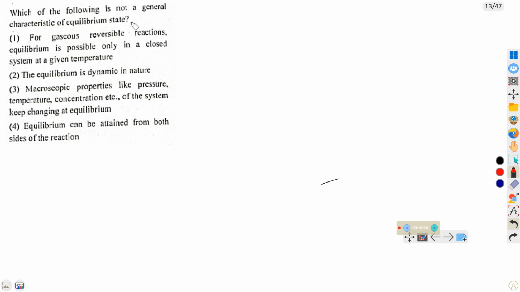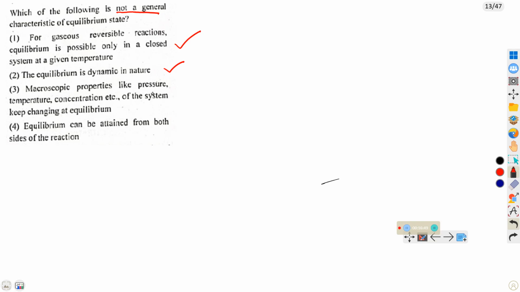Which of the following is not a general characteristic of the equilibrium state? For a gaseous reversible reaction, equilibrium is possible only in a closed system at a given temperature. This is a correct statement. The equilibrium is dynamic in nature. Correct.